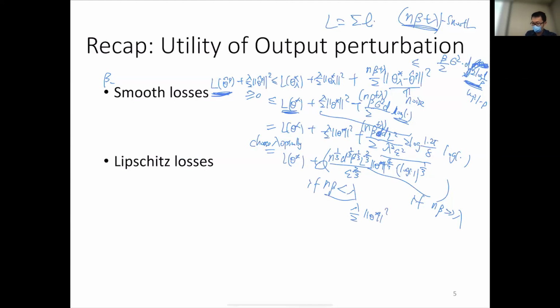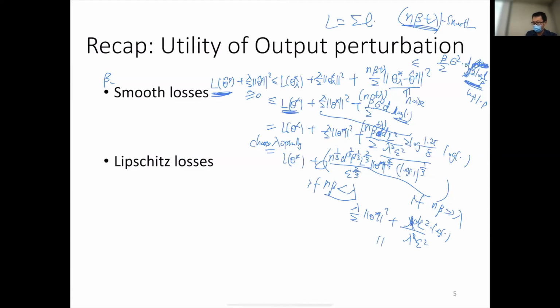This term remains the same, and the last term on the right hand side will be lambda and lambda square, and these two get canceled, and you have only one lambda in the denominator, and L square and d and everything else, and all these log factors. When you balance these two terms, you get the square root of everything as a product.